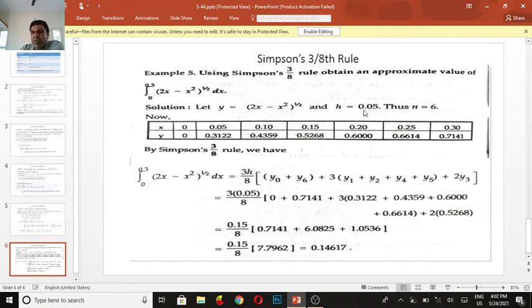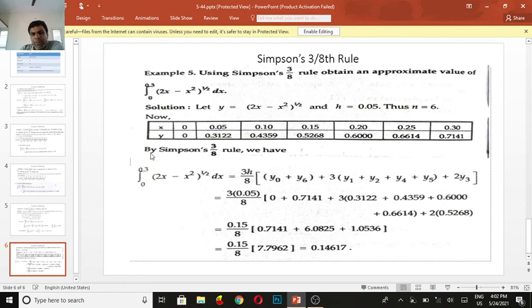If you take h as 0.05, the number of terms should be 6. So for the corresponding y, use a scientific calculator. Instead, y is equal to the square root of 2x minus x square, we can write.